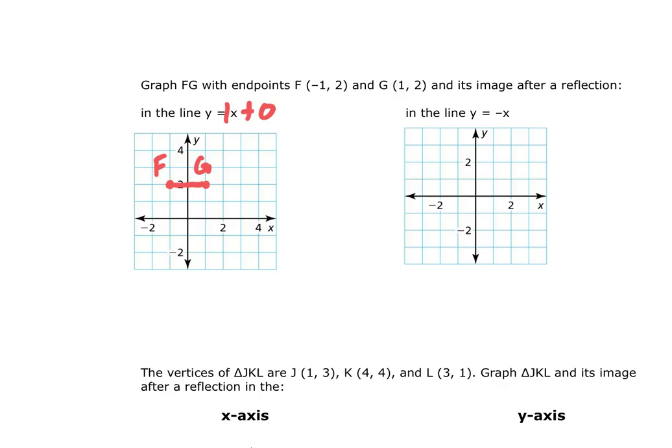The reason I tell you that is so you kind of understand where this line is going to be at. When we graph this, we're going to start at 0, and we're going to go up 1 and over 1. So it's going to be a line with some slope to it.